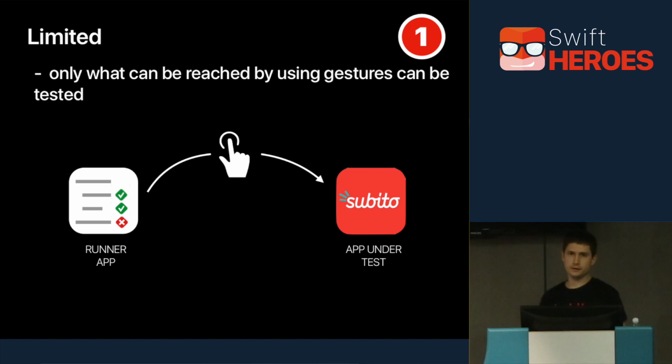And like any other iOS app, it has no means to access other applications' code. So in other words, the framework that Apple provides only allows pure and simple black box testing. It tests an app from the outside without any knowledge or access to its internals.